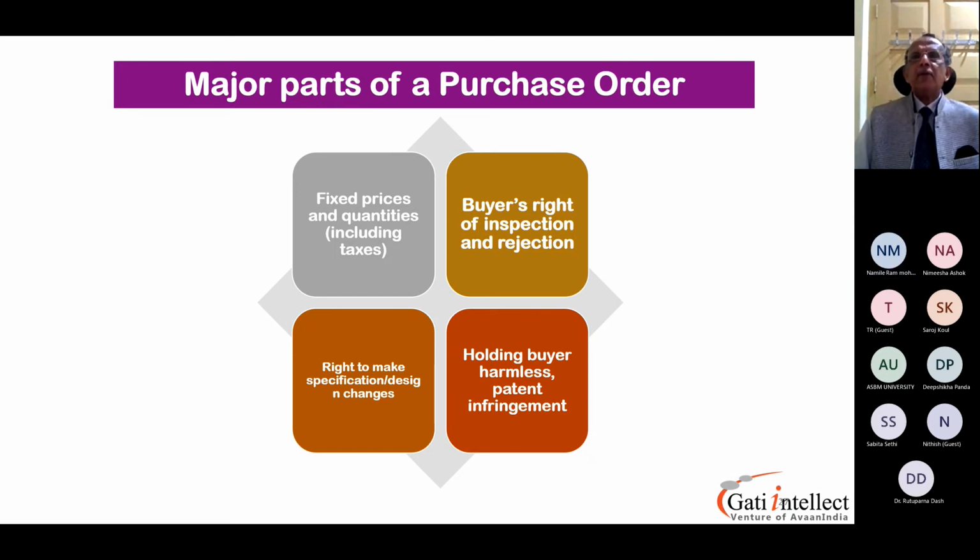Yes, there is a difference, because the sales contract is issued by the vendor, the seller. He has agreed to all the terms and conditions stipulated on the purchase order of the buyer. That's how a sales contract comes in.